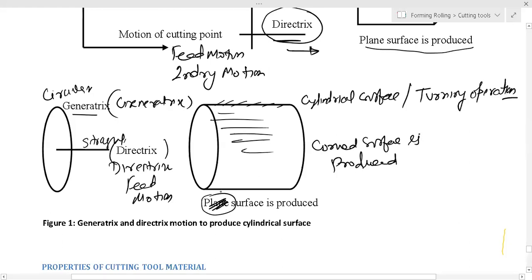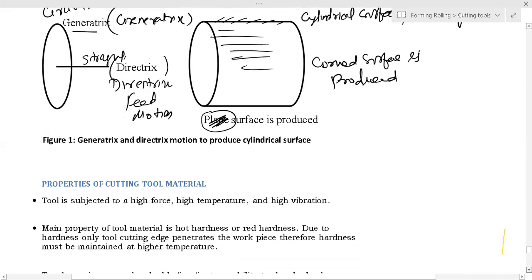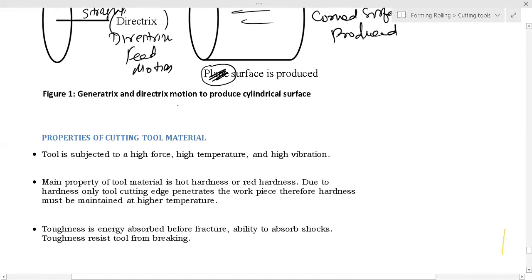Up to this, any doubt? Tell me. Up to this, I have discussed two things: first, why machining is required, and second, the directrix and generatrix combination. And of course, we now require a tool.